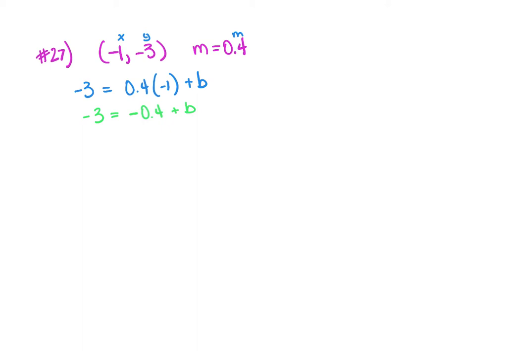And then to get that to the other side, right, we're solving for b, so we're going to add it. We're going to do the opposite there. So plus 0.4.